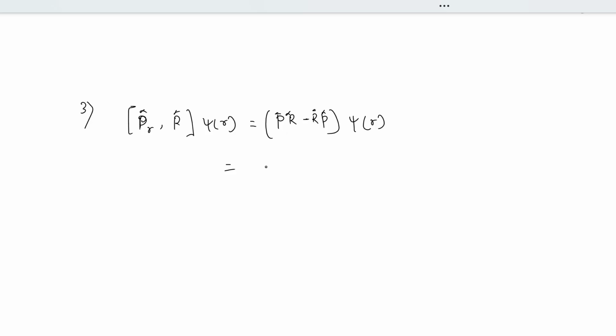Now P_R. If you look at the form of the P operator given in the question, this is minus i h-cut 1 by r, del r of r times whatever state it is acting on. So in this case it is acting on r psi(r), minus r cap operator acting on minus i h-cut 1 by r del r of psi(r).